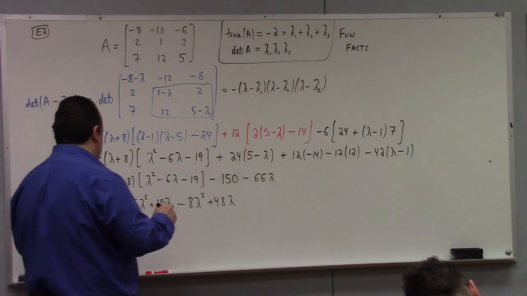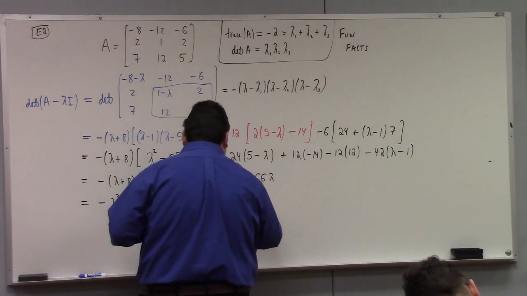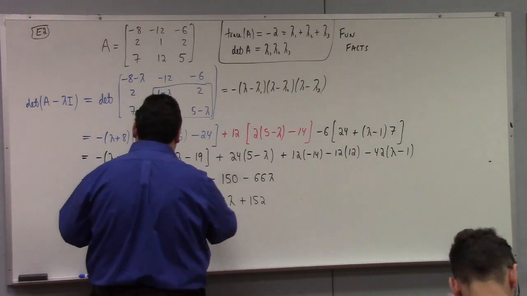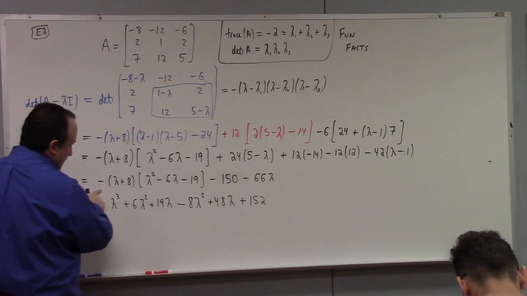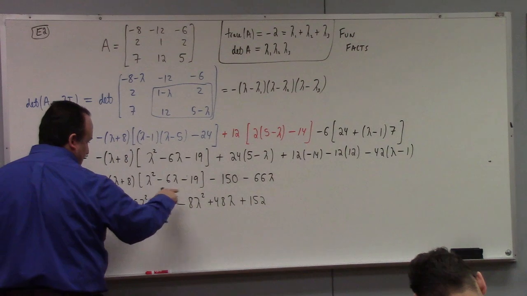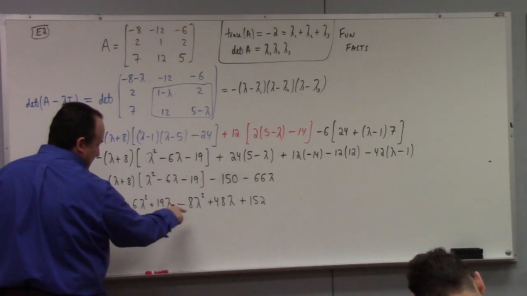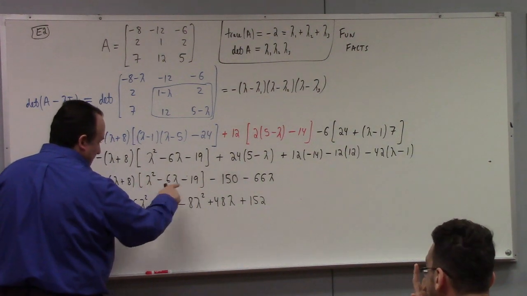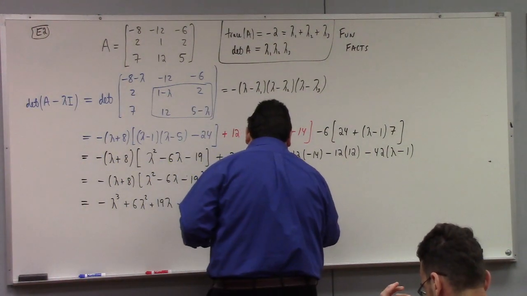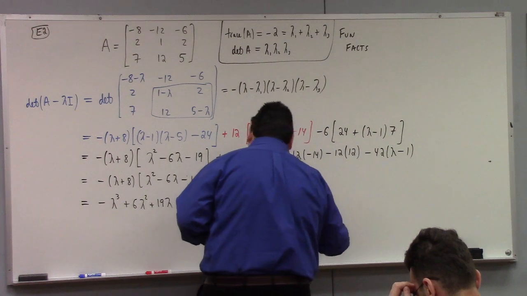I got a plus 152. What I did was I just distributed the minus lambda times that, and then the minus 8 times that. Watch my signs. And then, of course, I still have the minus 150, minus 66 lambda.